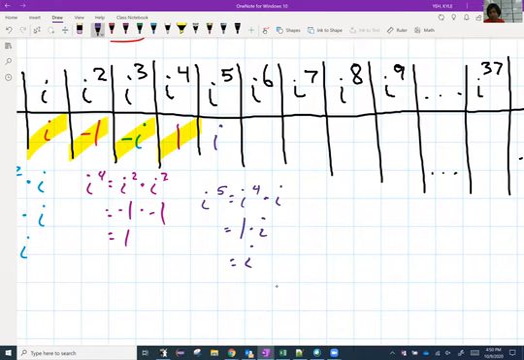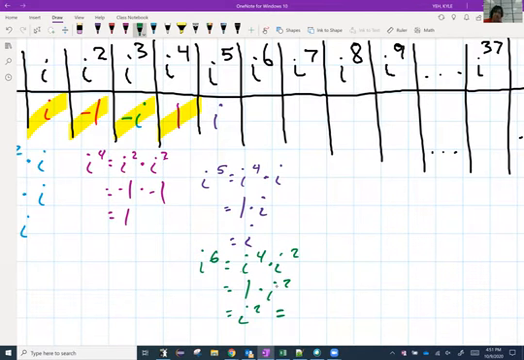So the i to the fourth didn't really make an impact because it's just one times another i. Okay, great. So let's go on to, how about i to the sixth? i to the sixth, I could rewrite as i to the fourth times i squared, which is just one times i squared, which is i squared, which we said earlier was -1.